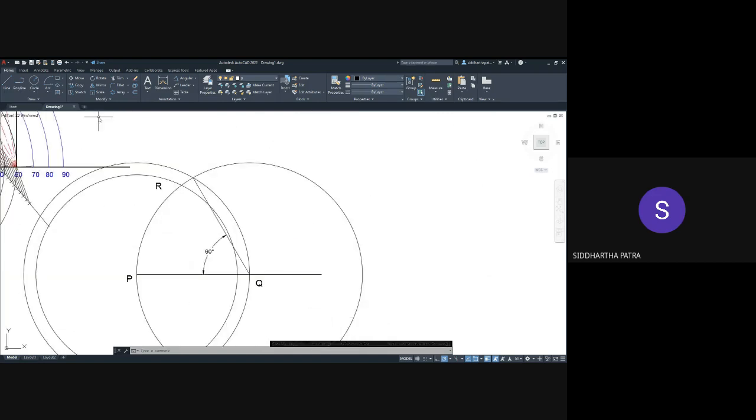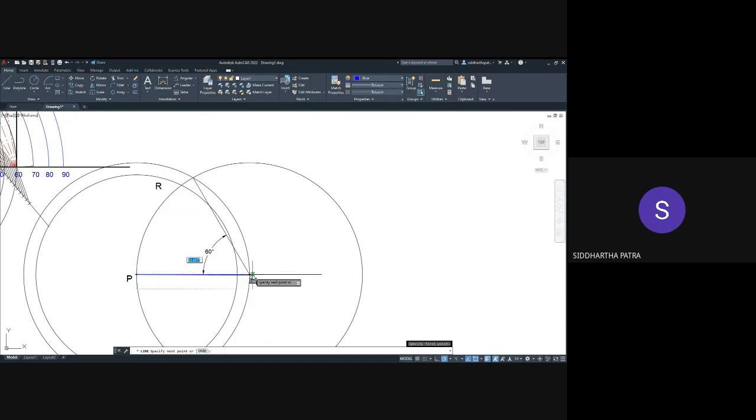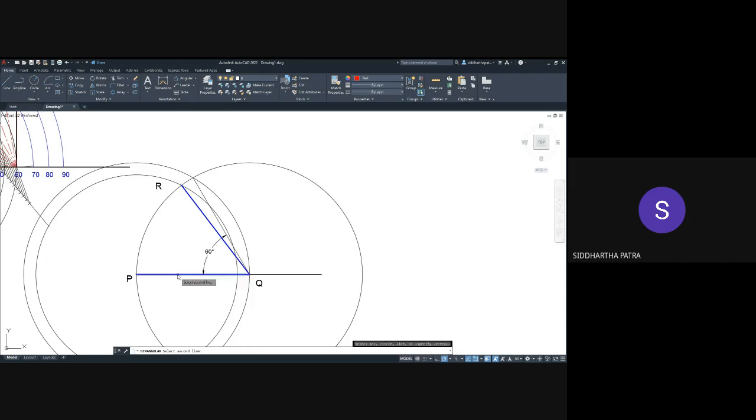Okay, so now if I join these 3 points, P, Q, and R, that is supposed to represent 53 degrees approximately. So we can measure that angle. For manual drawing, you can use a protractor. On my side, I'm using AutoCAD dimensioning.